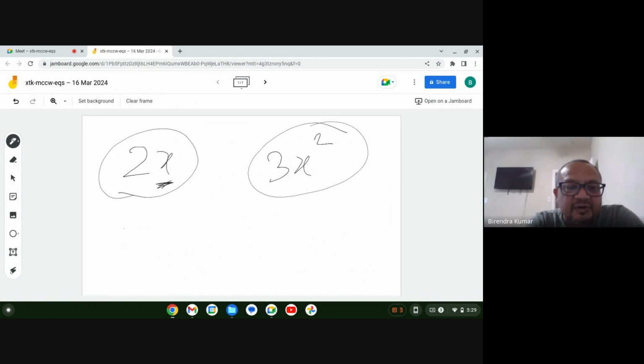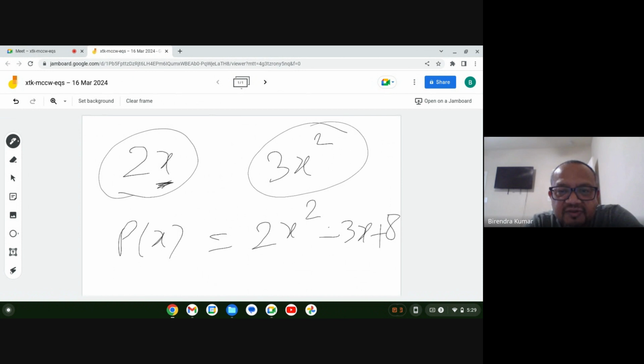If you're looking at a polynomial expression like this, with three terms and one variable, x has maximum exponent 2. Here it is 1.